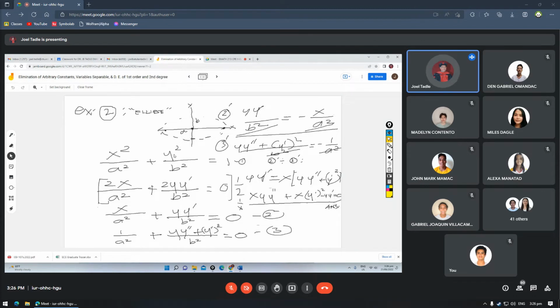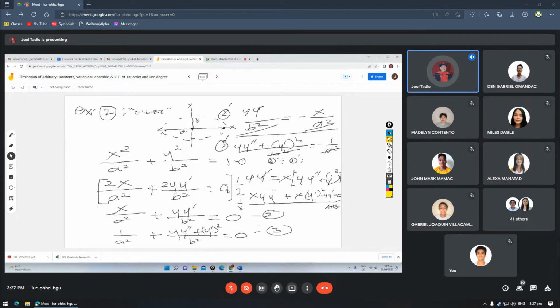Differentiating using the power formula, we multiply by the exponent 2 and the constant 1 over b squared, so that is 2 over b squared. Then copy our u, which is y, times the derivative of u with respect to x, dy over dx, and that is your y prime. Then on the right side, the derivative of the constant 1 is 0.